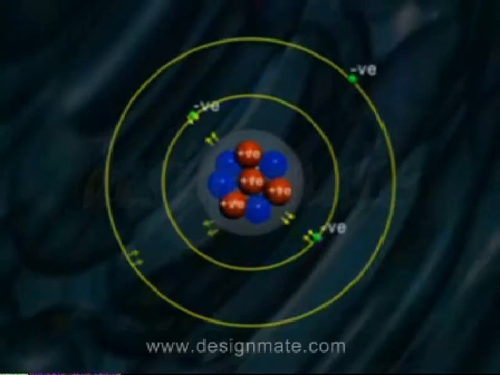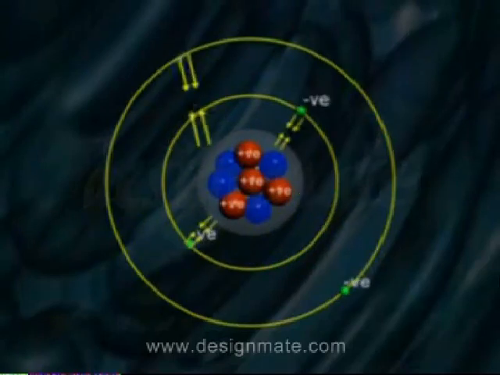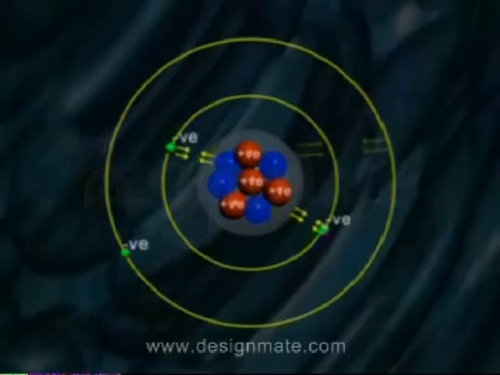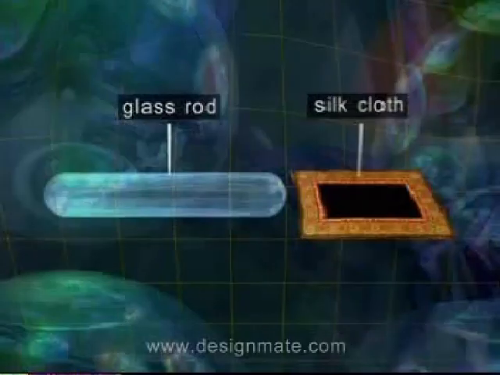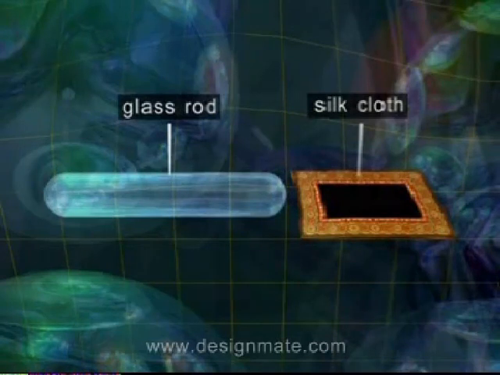Now, let us come back to our main query. Why do two substances get charged when rubbed together?